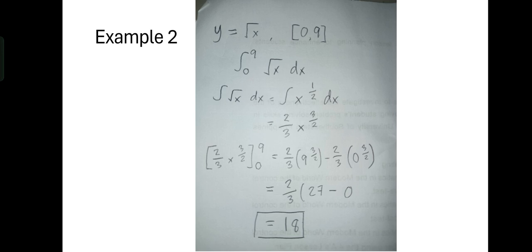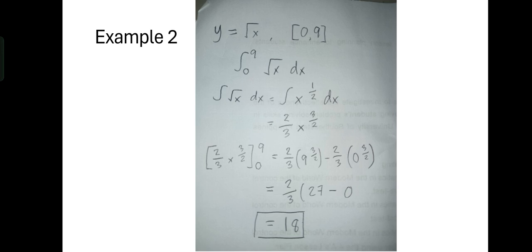The next step in solving this type of problem is to evaluate the definite integral using the limits of integration. We have here the lower limit, which is equal to 0, and our upper limit is 9. So the next step is 2 over 3 times 9 raised to 3 over 2, because 9 is our upper limit, subtracted by 2 over 3 times 0 raised to 3 over 2, and 0 is our lower limit.